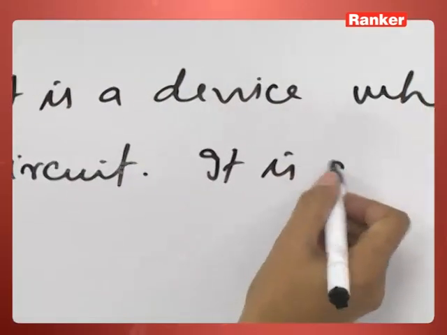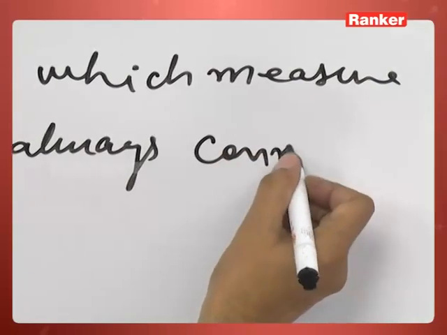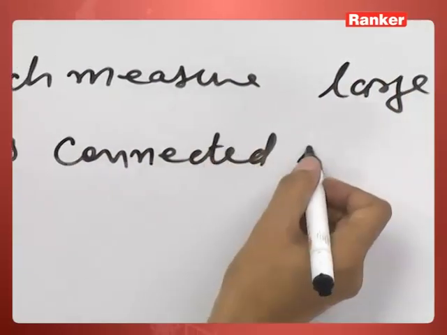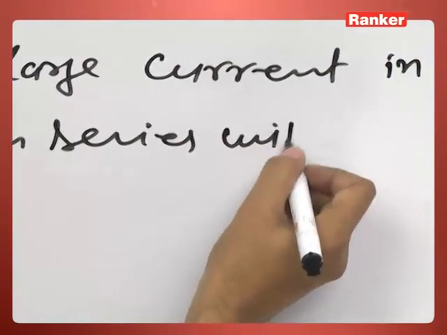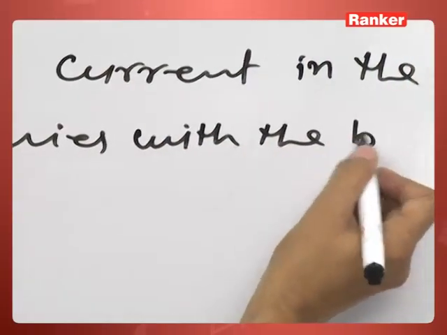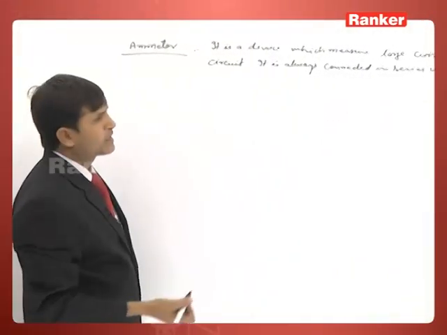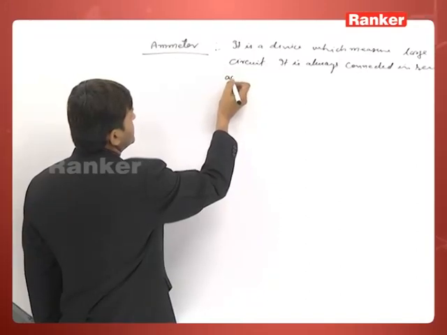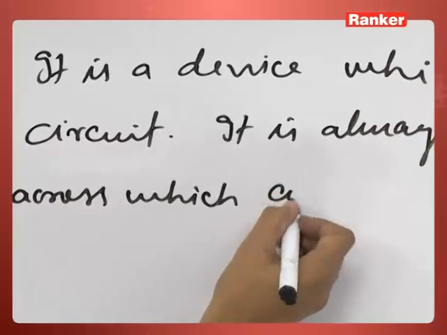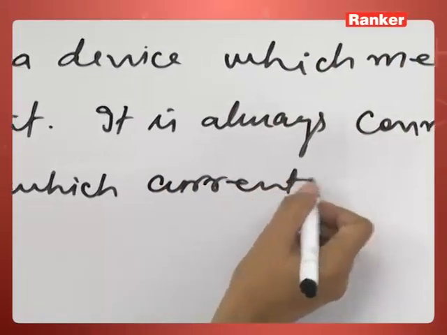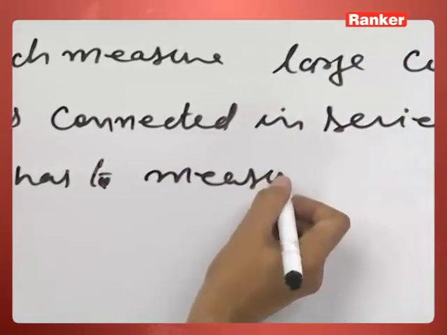It is always connected in series with the branch across which current has to be measured.